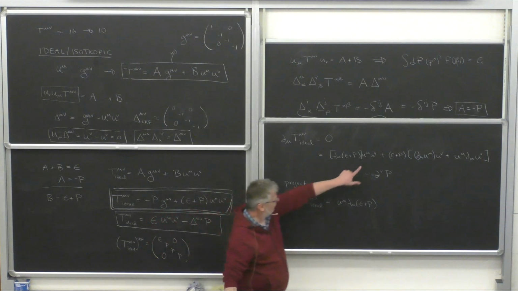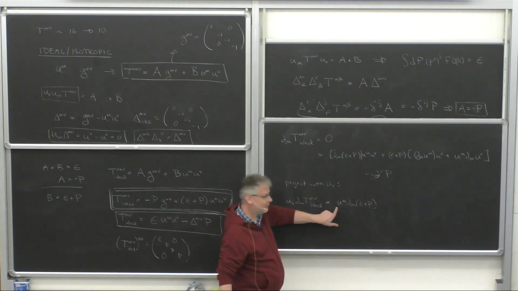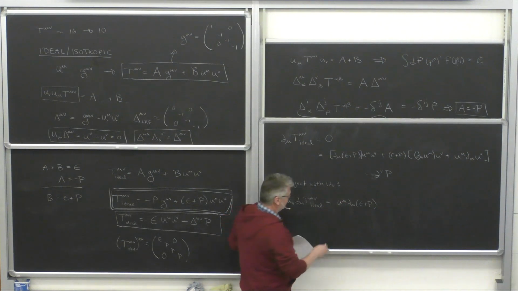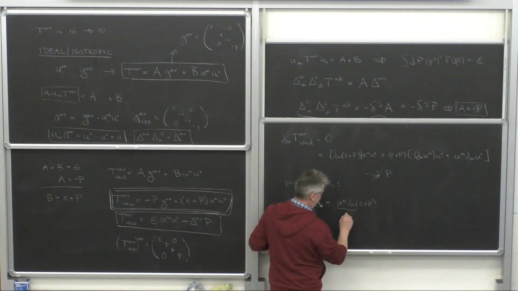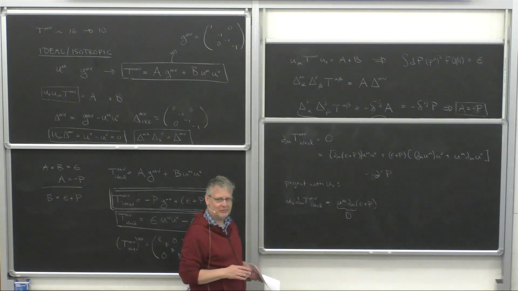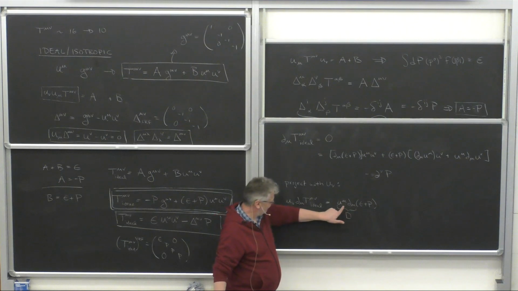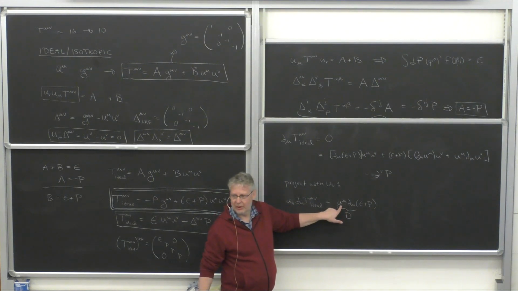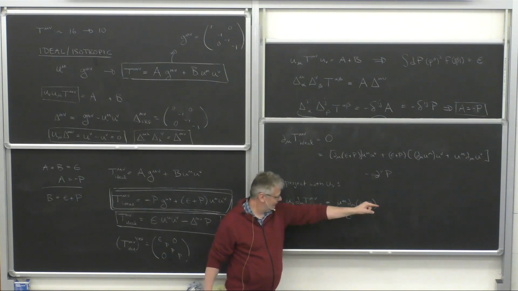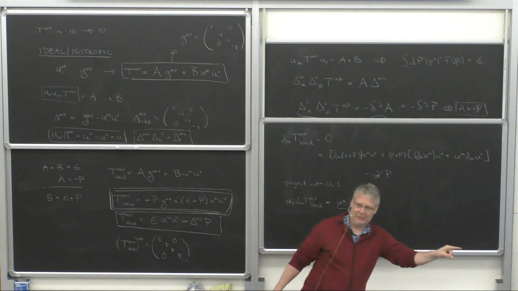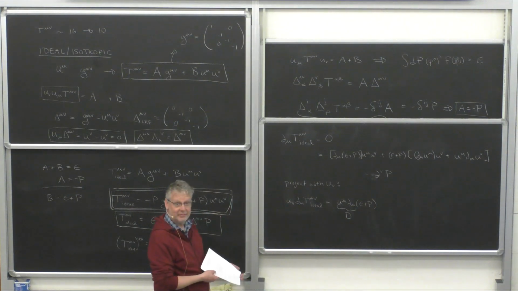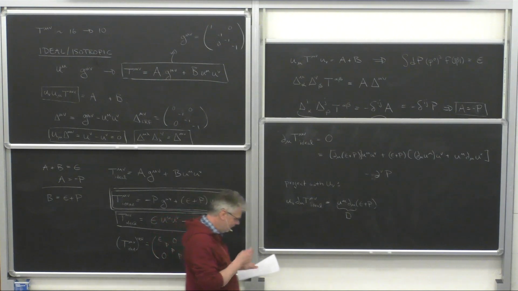And I've just pulled this u over to the left to bring it on the outside here. It's not inside the derivative, I just pulled it over. And I'm going to call this a special symbol. Some people write it simply as a dot. It's the co-moving derivative. It's the derivative along the direction of the flow. Yes, so it's projected with u. So it's the derivative in the direction of the fluid flow, which is called the co-moving derivative. So I'm going to write that as capital D.